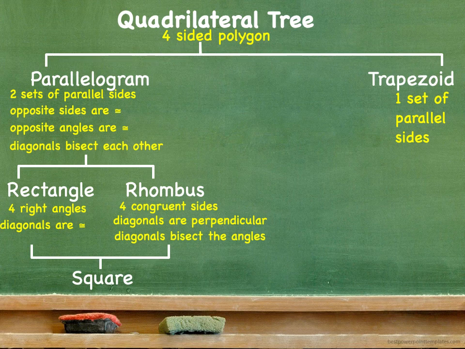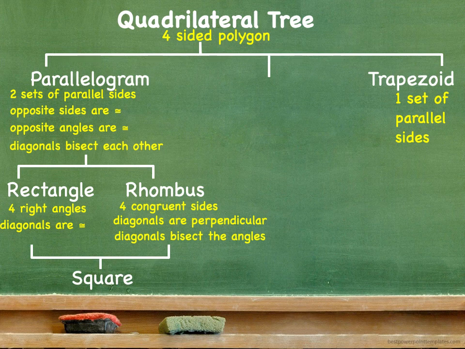Opposite angles are congruent. Diagonals bisect each other, okay, because a square is a parallelogram. But a square is also a rectangle, meaning it still has four right angles, that the diagonals are congruent. But a square is also a rhombus, having four congruent sides, the diagonals being perpendicular, and the diagonals bisecting each of the angles. So all of these properties are of the utmost importance.